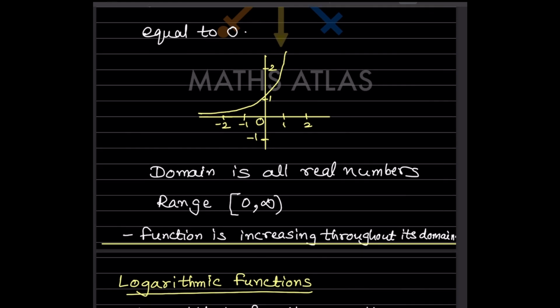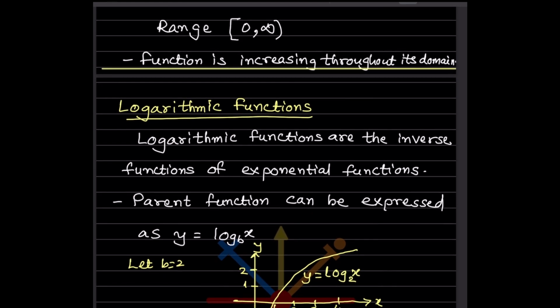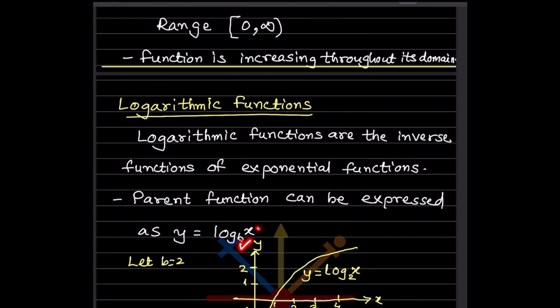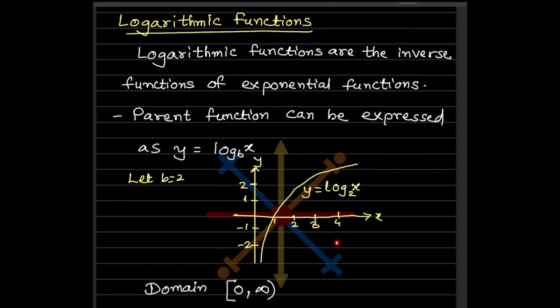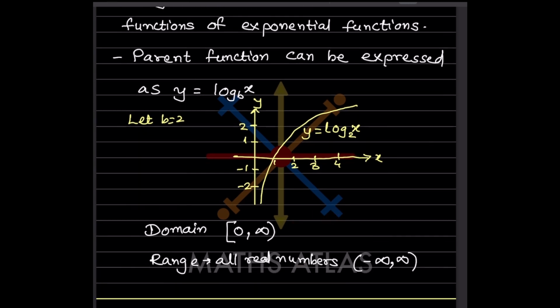So here b is here and the x is here. So it is the inverse. So you say y is equal to log of x to the base b. So this is the graph for the logarithmic functions. And here the domain we write as 0 to infinity, and the range is all real values, that is minus infinity to infinity.